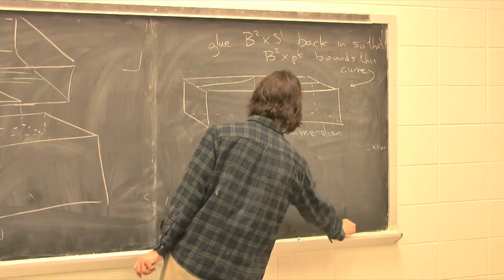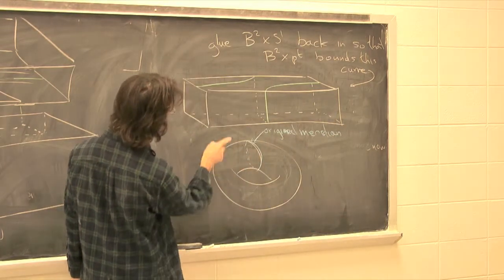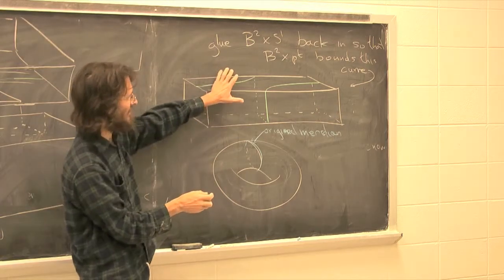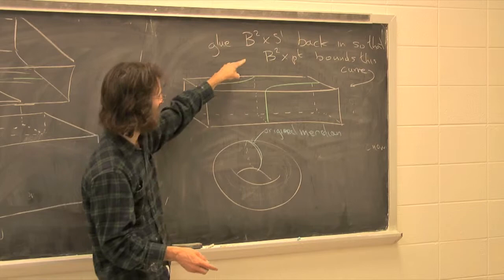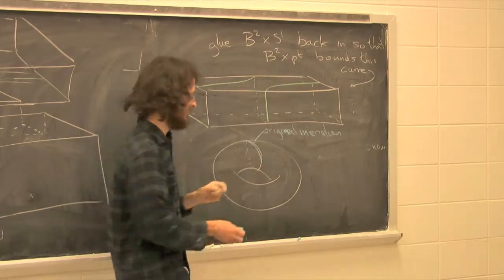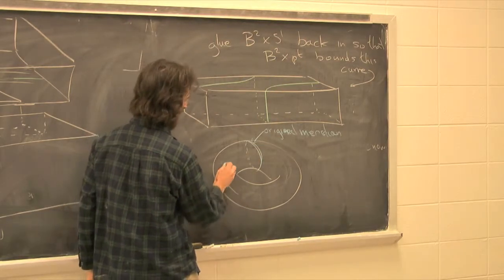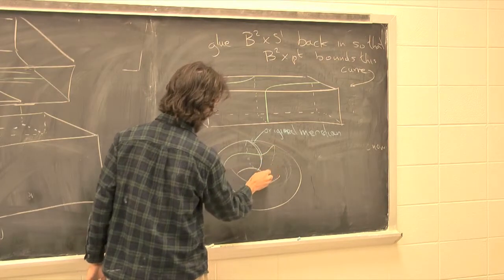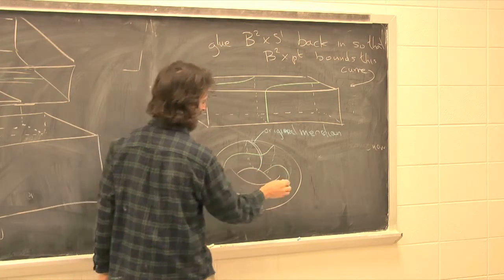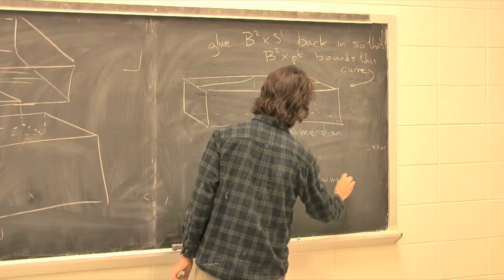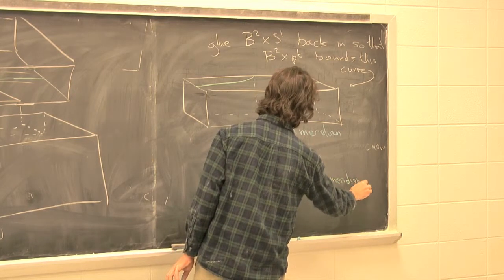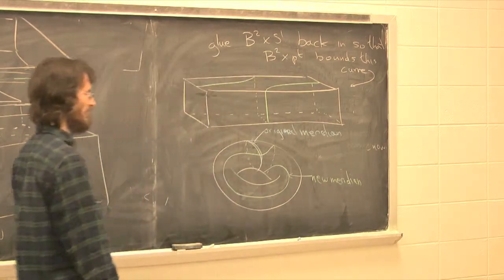And then the way I've done it, it's twisting left, right? As I go around, this is a curve that goes around and moves to the left once. So the new meridian is going to be something like, after surgery.